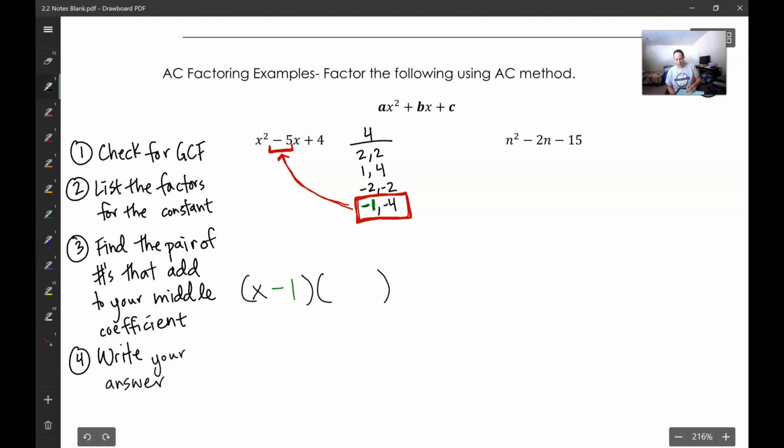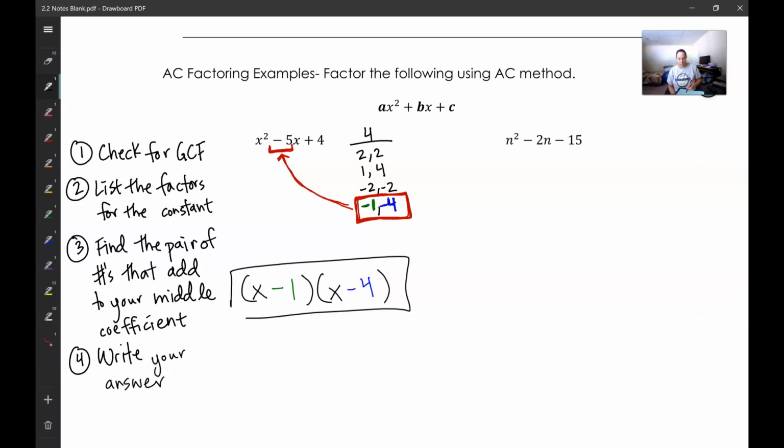And the second one will be x minus 4. And that's my answer. Right there. I'm done. Pretty fast shortcut. I just take those numbers and I write them in and I'm finished. Now remember, that shortcut only works if there are no numbers in front, or it's that secret 1.